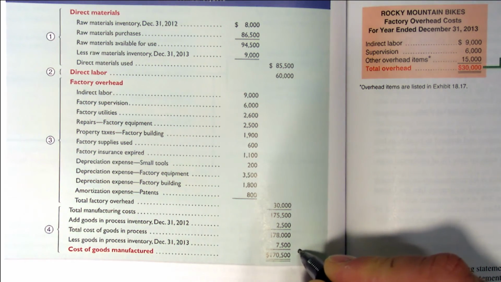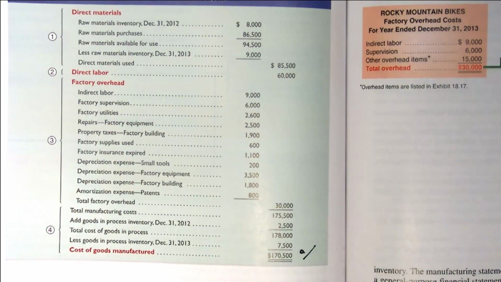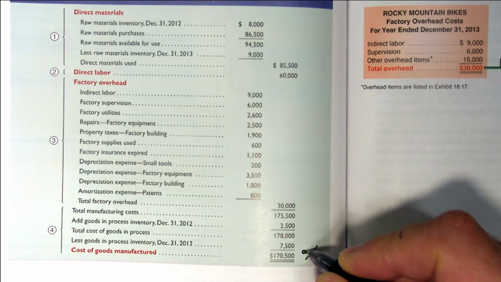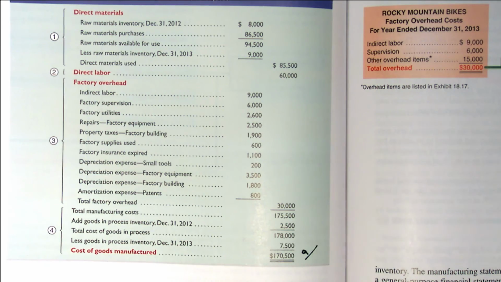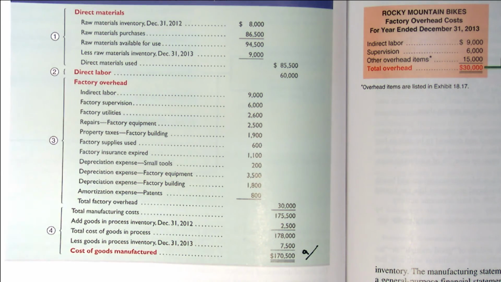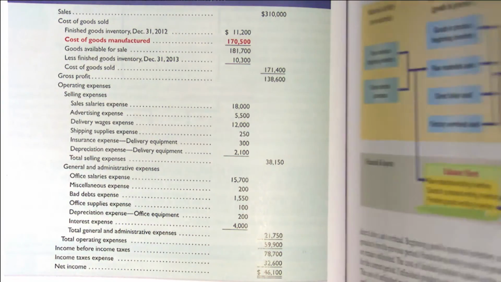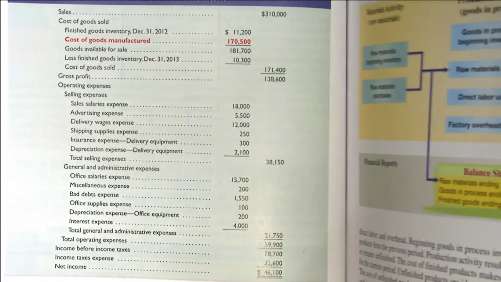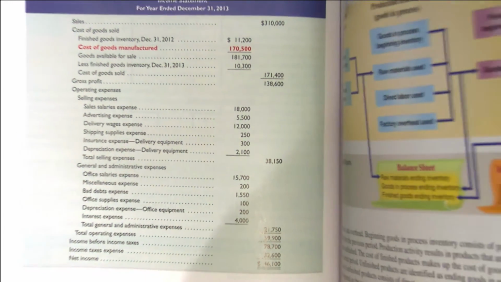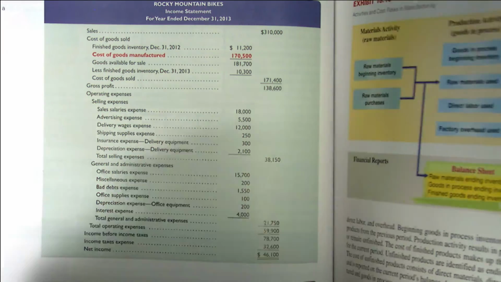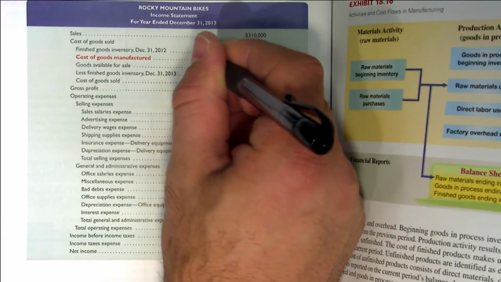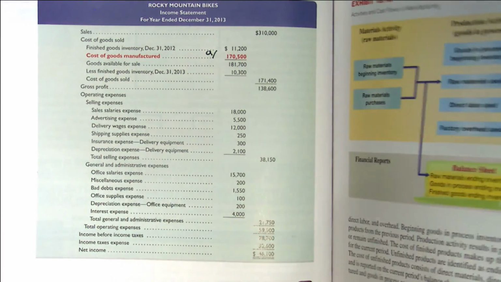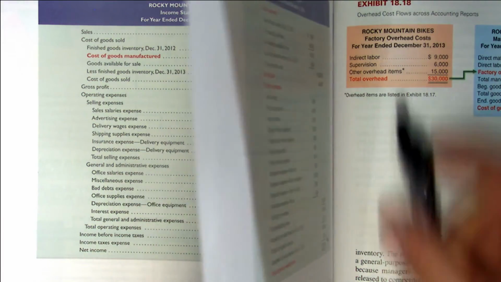I'm going to put a little A there, and then a little slash. And that tells me that that number goes somewhere else. And where it goes is, turn back to page 746. It goes to right here.